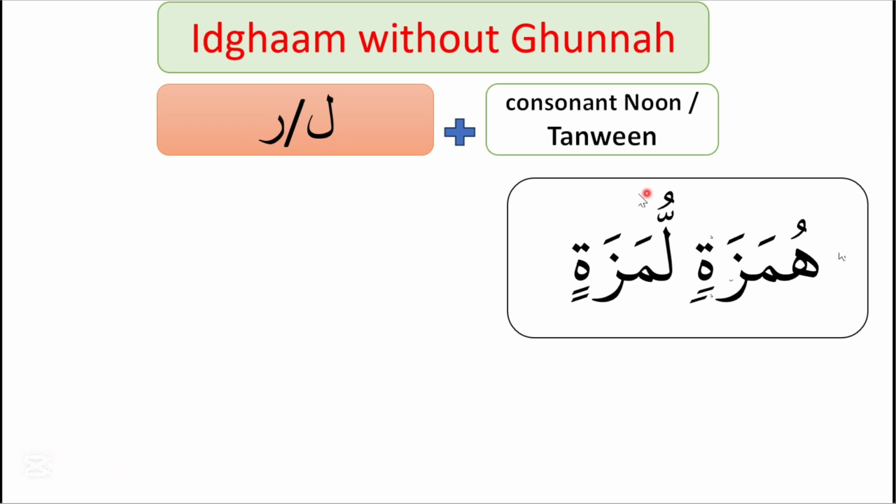The following word starts with the letter lam with shadda, and you want to read these two words together. You will not pause here, because if you pause, you cannot apply this rule. In this case, you need to delete the tanween, pronounce the letter ta marbuta normally with kasra and go directly to the letter lam.